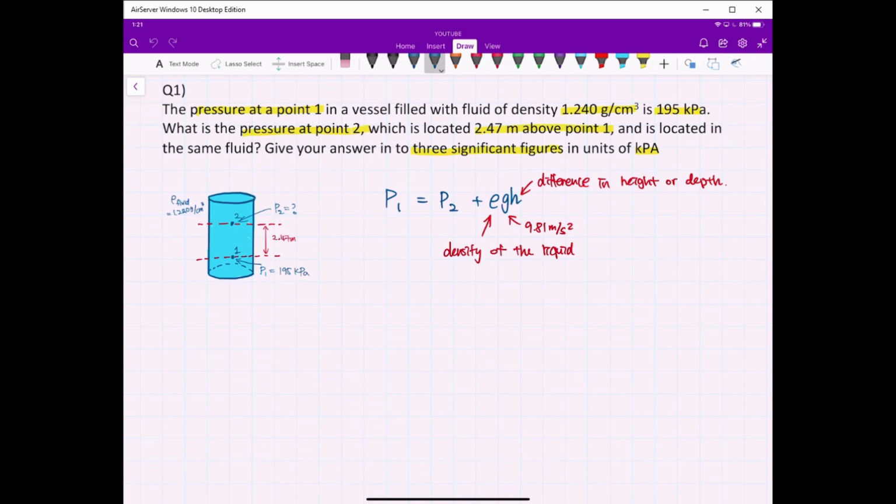Since the gravitational acceleration is given as meter per second square, and we have the P1 value given as kilopascal, that can be 195,000 Pascal.